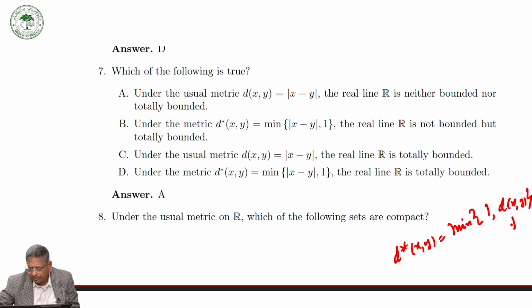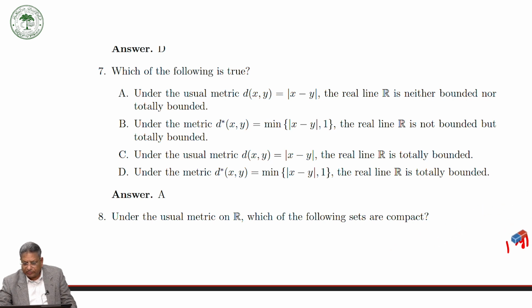But in the usual metric space, it is equal to |x minus y|. So R with respect to this metric is not bounded, but with respect to D star it is bounded. So here we can say that B is not true.